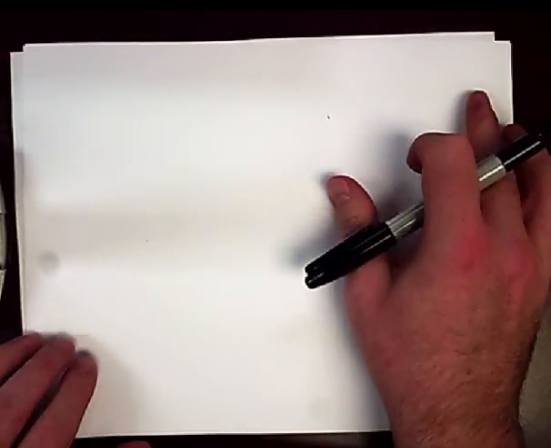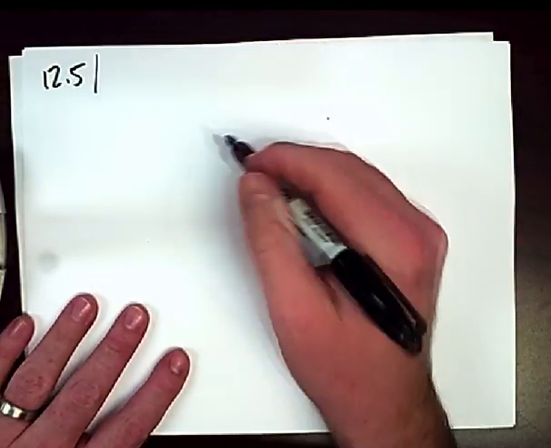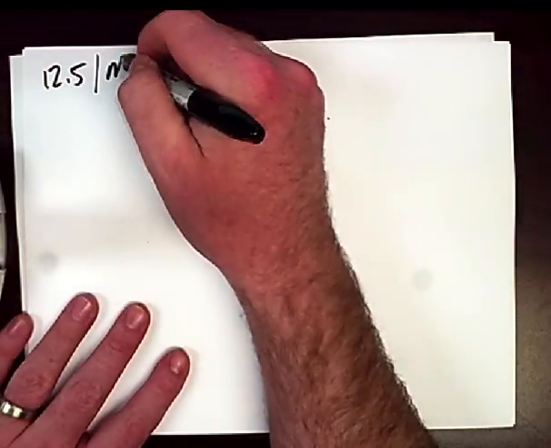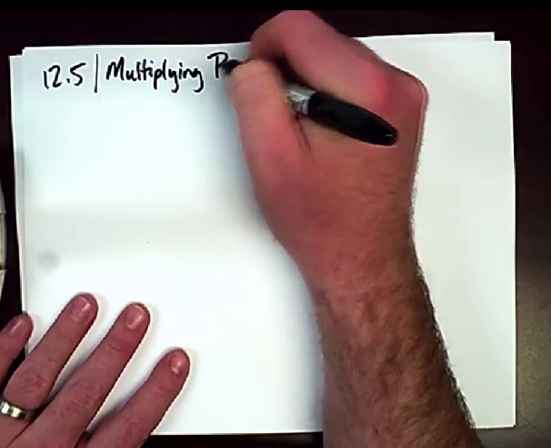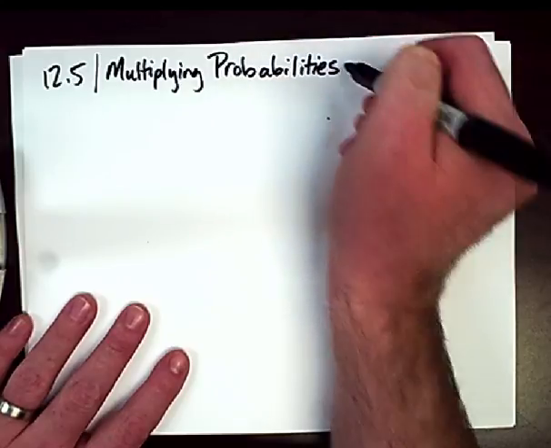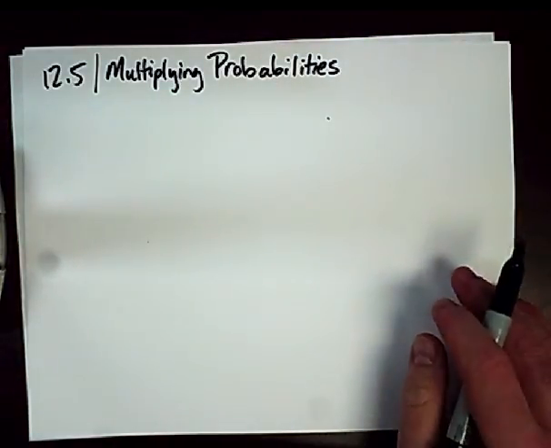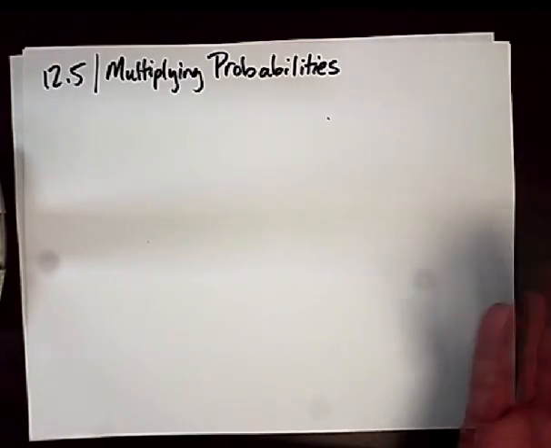Let's move on to 12.5, which, don't worry, it's much simpler. And that is multiplying probabilities. We've already been doing this when we were multiplying options, when we were counting how many different ways you could do that. Well, it just extends to probabilities.